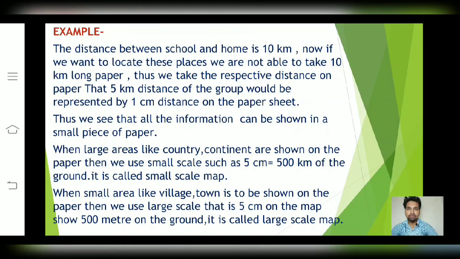So friends, if we want to locate these places, we are not able to take 10 kilometer paper. So we will take the respective distance on the paper.